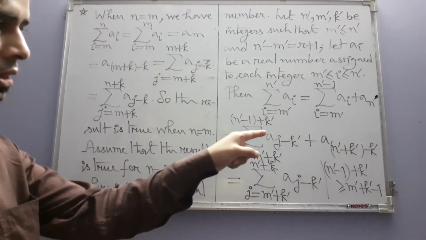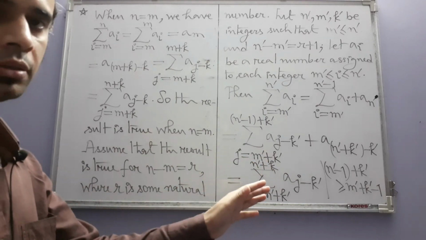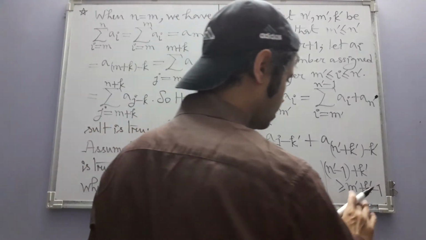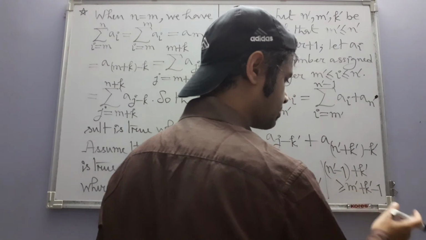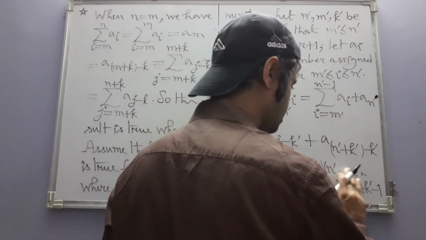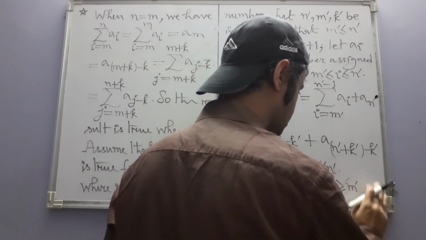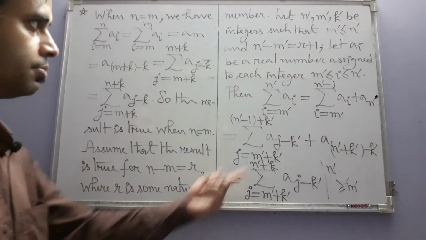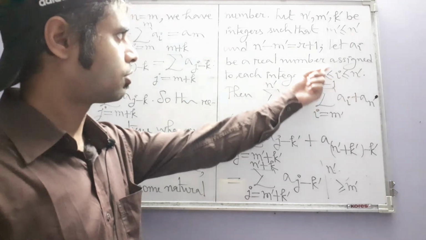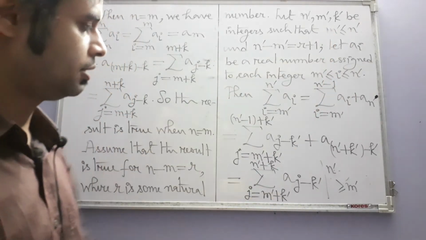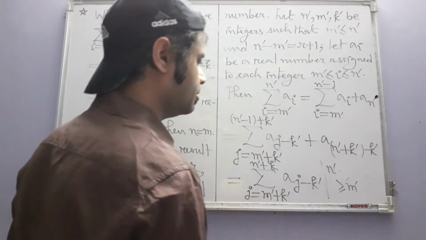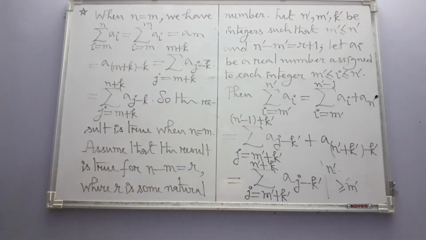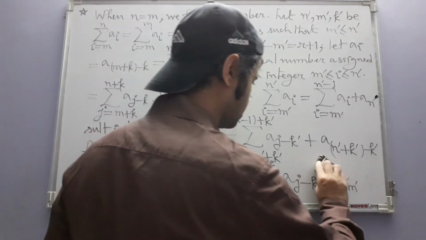Now you can see that this requirement, this condition is equivalent, because we have k prime minus 1 on both sides, it is equivalent to just this, which is true. Or I mean, we have that from here, so we can write this one, and that just completes the induction.